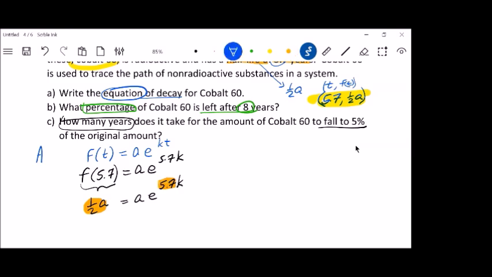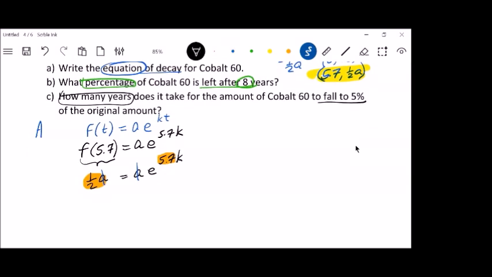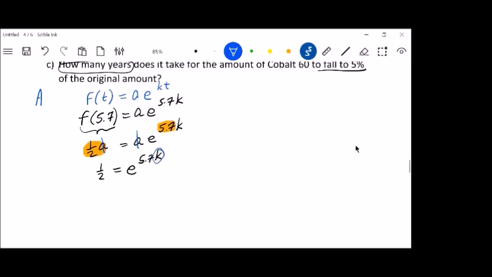By doing so, we now can divide both sides by A, and we are left with 1/2 equals e to the 5.7k. So what we now can do is figure out what the k is, because it's the only variable left. Let's take the natural log of 1/2, or 0.5, your preference, and the natural log of e to the 5.7k, because the natural log of e allows that to be equal to 5.7k.